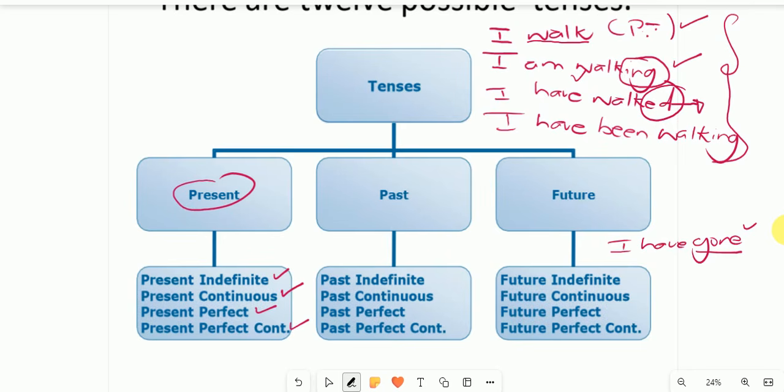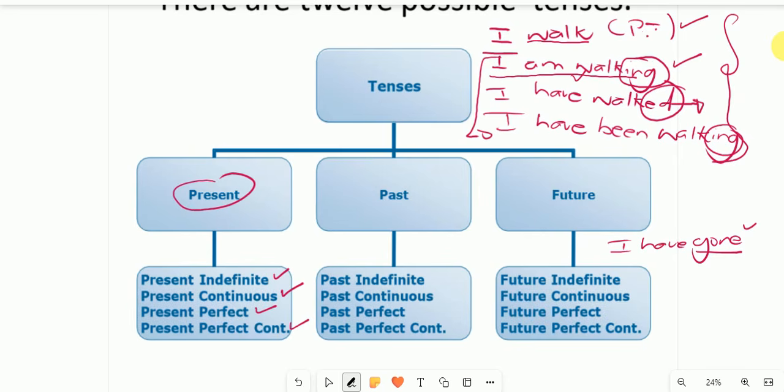Now, present perfect continuous. Remember, the same way with simple present continuous tense, we still have a verb that ends with ing. The difference between this sentence and this sentence is that this one is a simple present tense: I am walking to town, or I am walking to school.